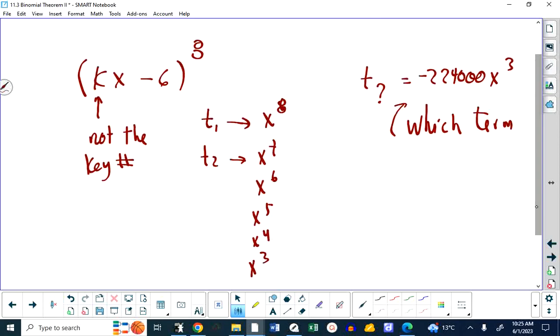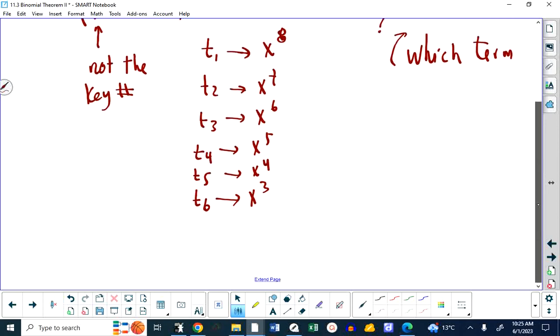I better check my counting. 8, 7, 6, 5, 4, 3. T2, T3, T4, T5, T6. If you were to expand this out, regardless of what number that k is, the sixth term would be something that contains x to the 3. Well, that means this is the sixth term.